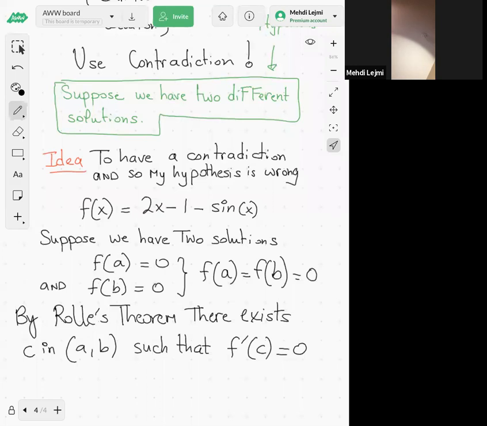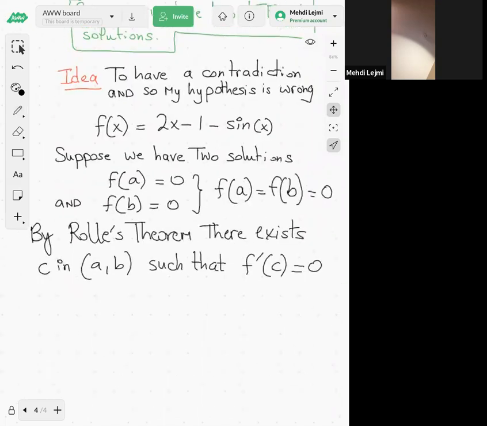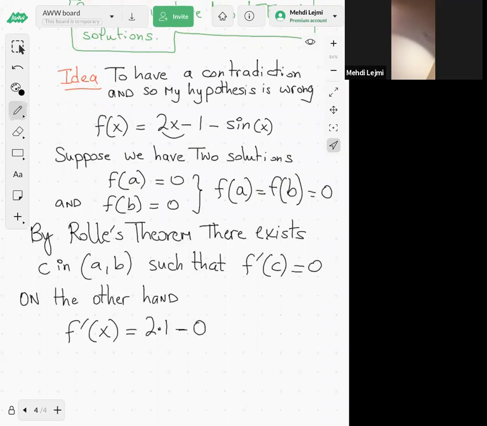But the thing is, if you compute f prime of x, on the other hand, what's f prime of x? Well, f prime of x is equal to the derivative of 2x, that's 2 times 1, minus the derivative of 1, a constant by itself, which is 0, minus the derivative of sine of x, which is cosine of x.